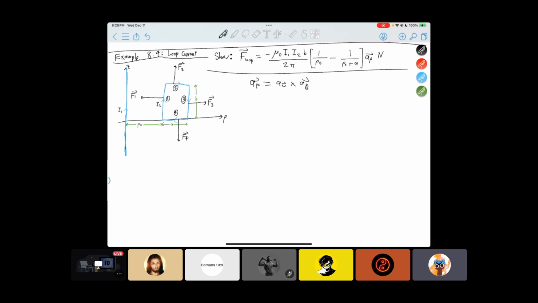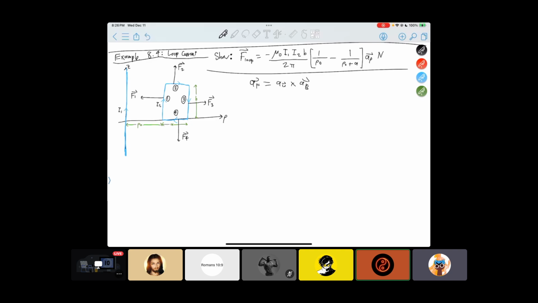Interesting. I'm trying to see because so the current and I curl my fingers. So that's the direction of the magnetic field. I know that. But how come the force is? You know what?